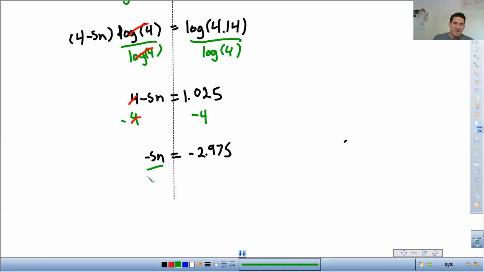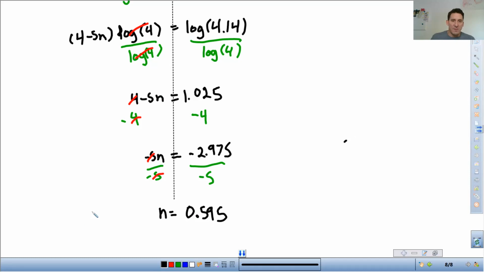And then last step, divide both sides by negative 5. You get n is equal to 0.595. And that is it on that one.